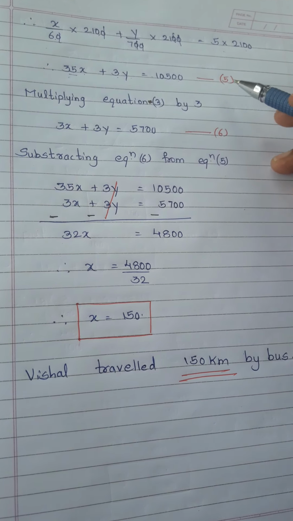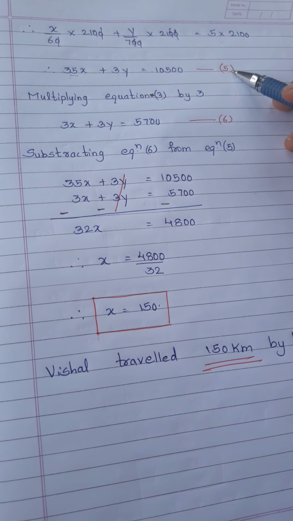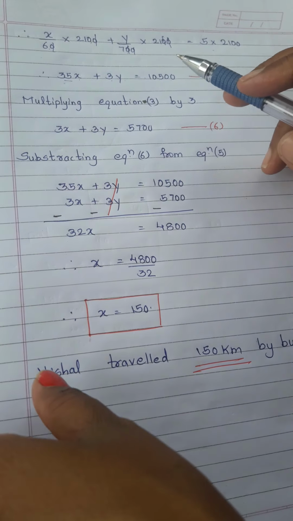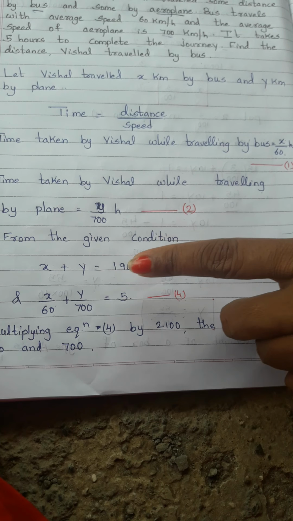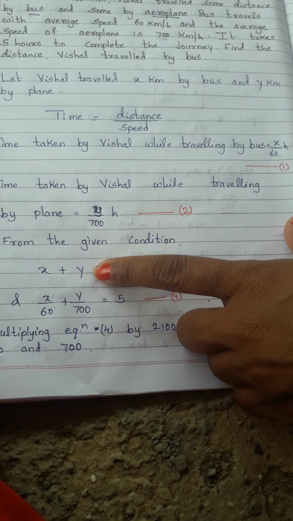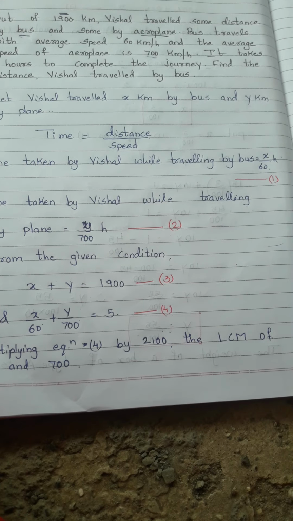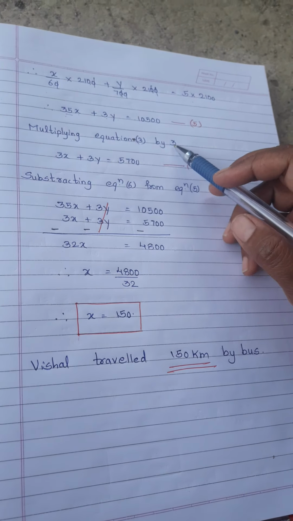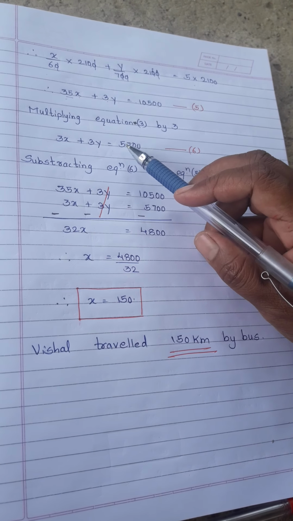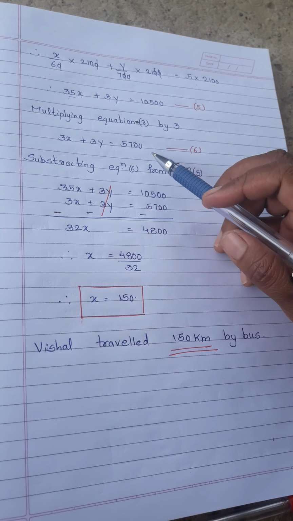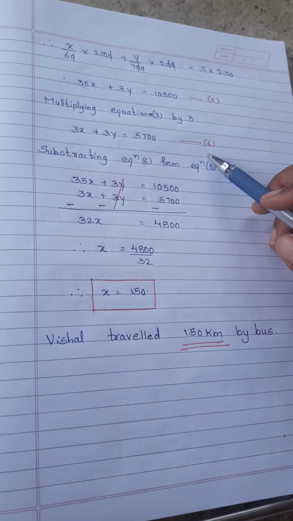This is equation number 5. Now multiply equation number 3 by 3 to make the coefficient of variable y the same. So multiplying equation 3 by 3 we get 3x plus 3y is equal to 5700. Consider this as equation 6.